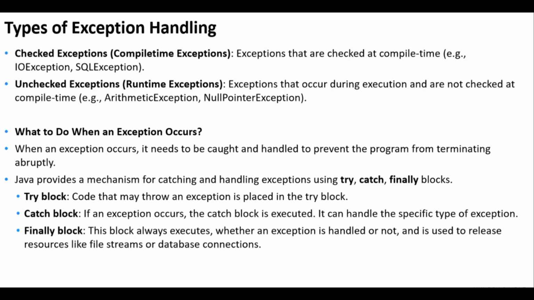So Java provides three important things to handle those exceptions, called try, catch, and finally blocks. The code that may throw an exception has to be put under the try block. So the try block basically contains the faulty code. The next one: if code inside the try block throws an exception, we need to catch that exception and show to the user that this was the exception caused during the program.